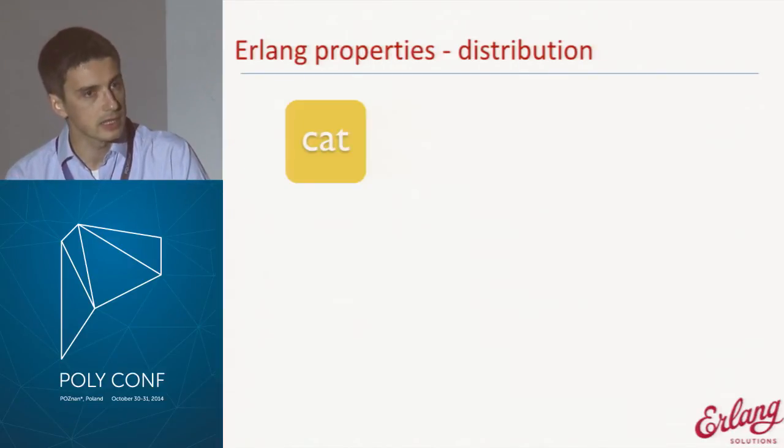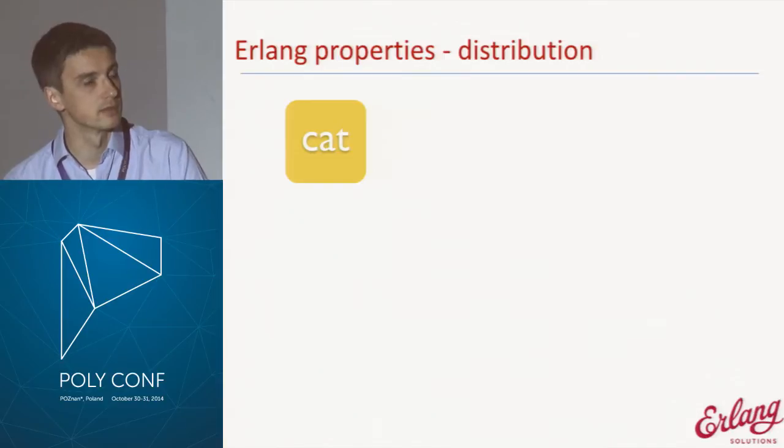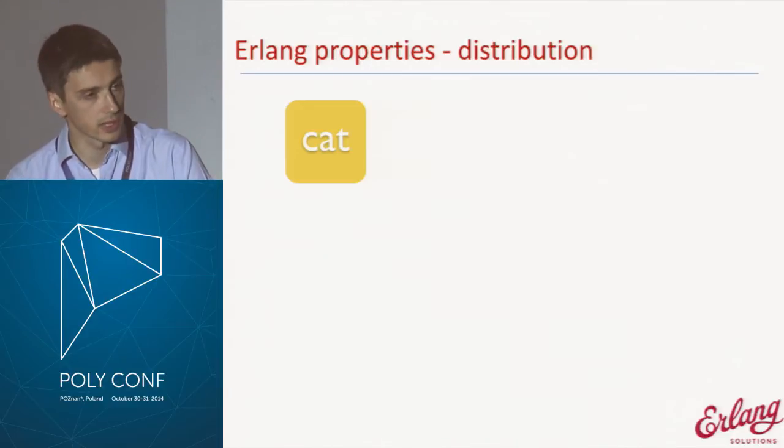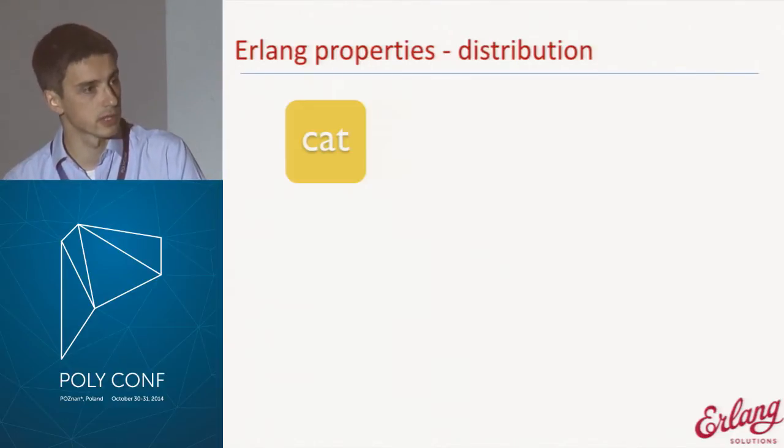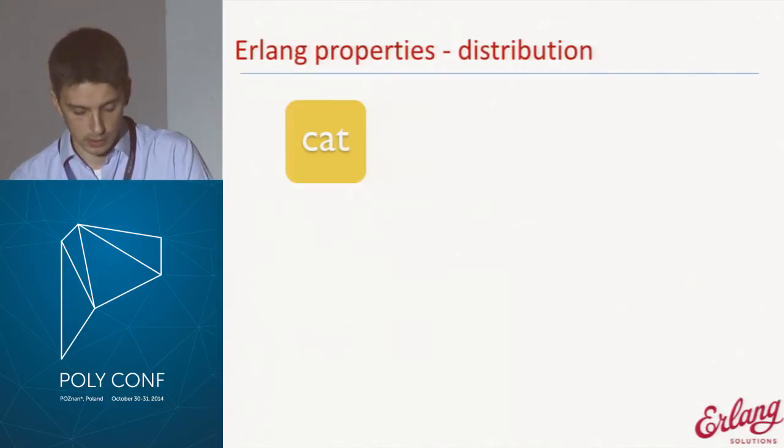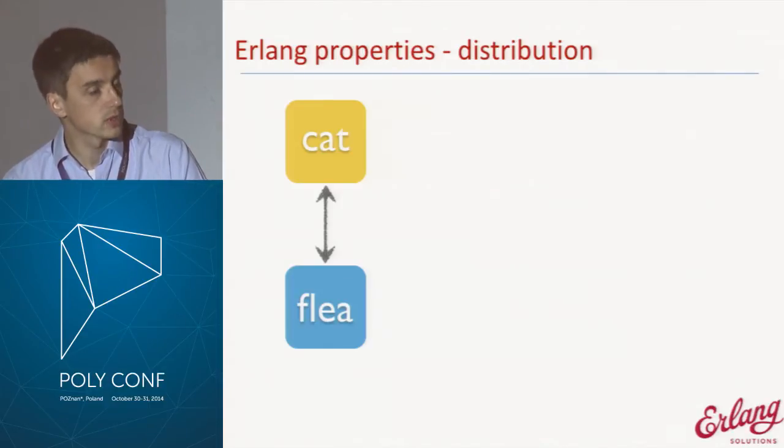So in this slide, the box represents an Erlang system. It's an instance of the Erlang runtime system, the Erlang VM. Typically running on some dedicated box, but not necessarily. You could have more Erlang VM instances running on the same machine. Now, there are two boxes, each one running some Erlang.